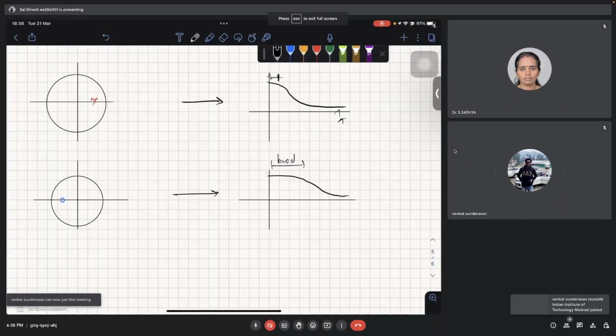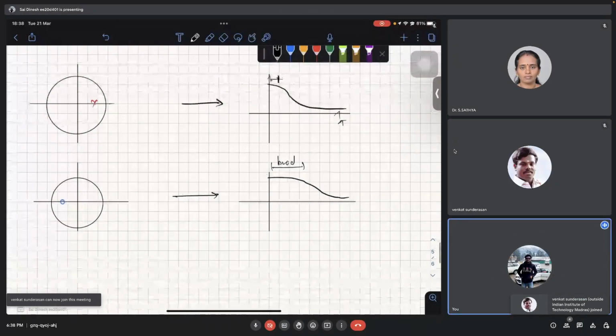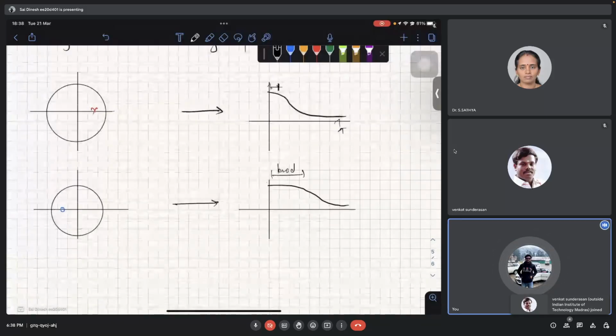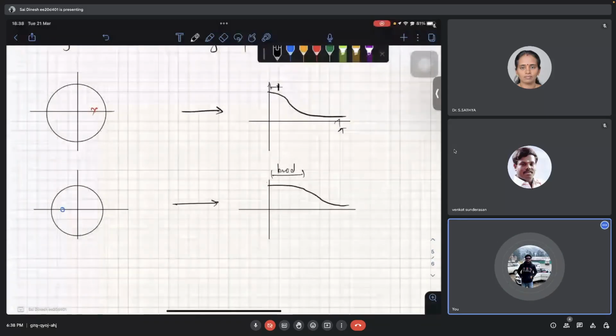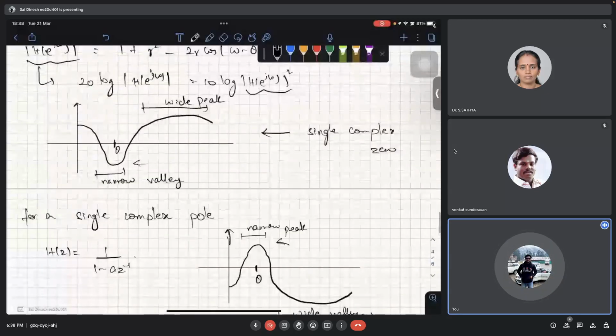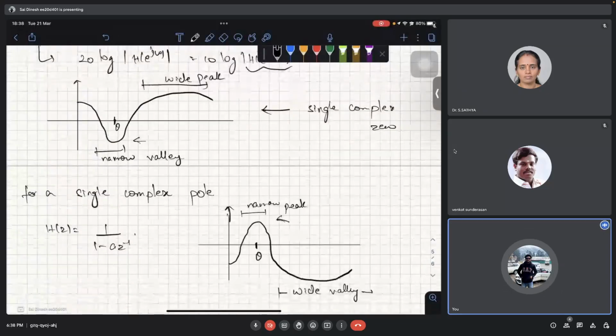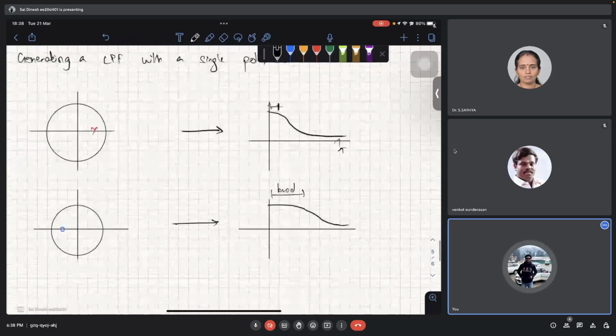Zero causes sharp valleys and broad peaks, whereas poles cause sharp peaks and broad valleys. Right, we just talked about it. Zero causes narrow, sharp valleys and broad peaks. Poles produce sharp peaks and broad valleys.